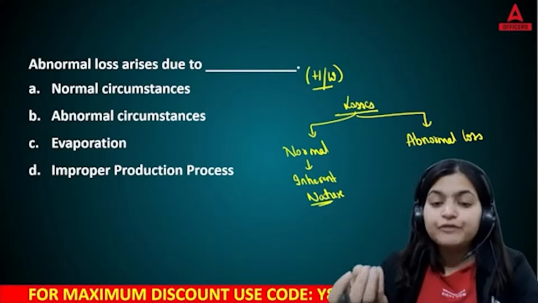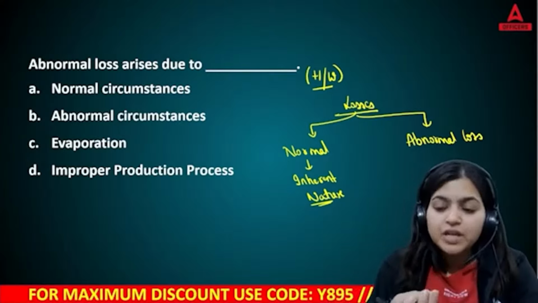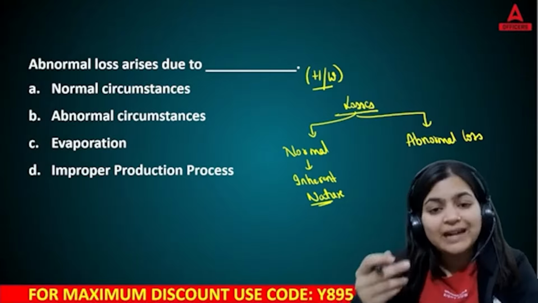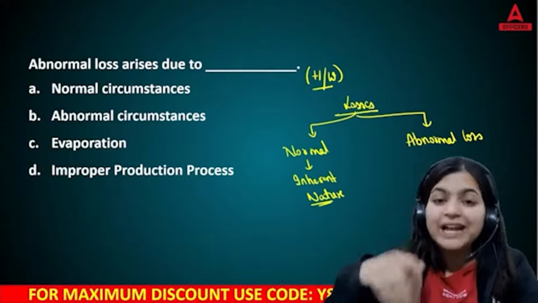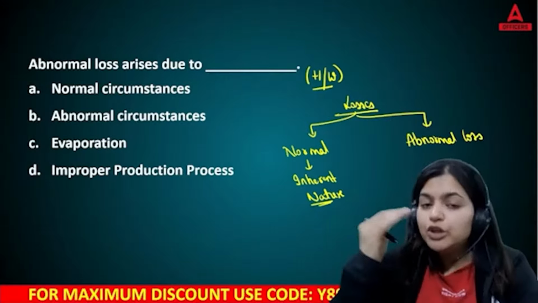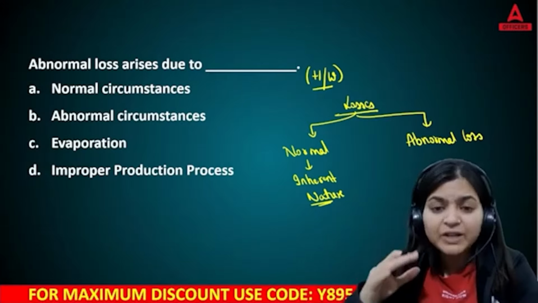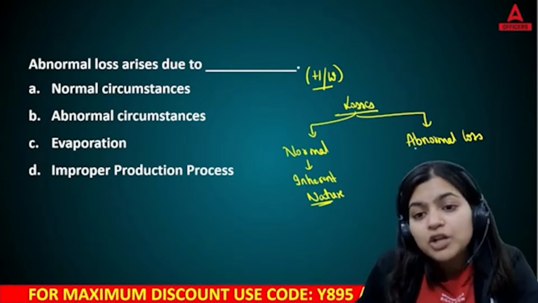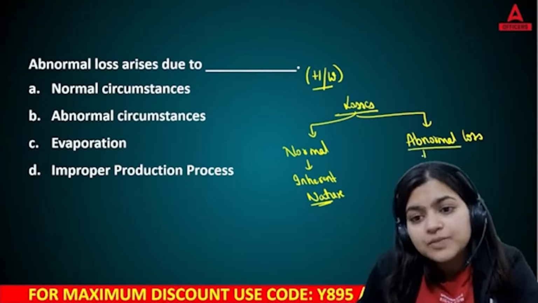For example, if you see petrol, what is the nature of petrol? If you use that petrol openly, in fresh air, it will get evaporated. So that is the nature, and because of that evaporation, whatever loss you will see in your petrol, that is going to be normal loss. Okay. Abnormal losses, this is, some abnormal conditions are there.